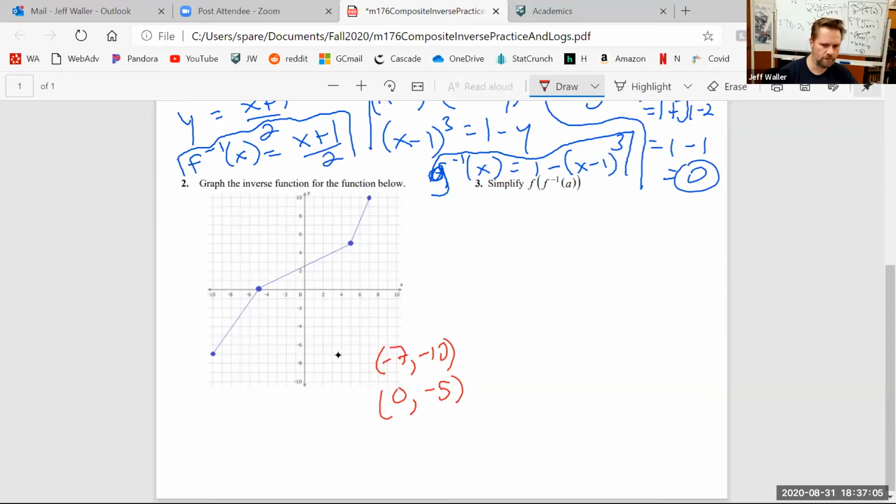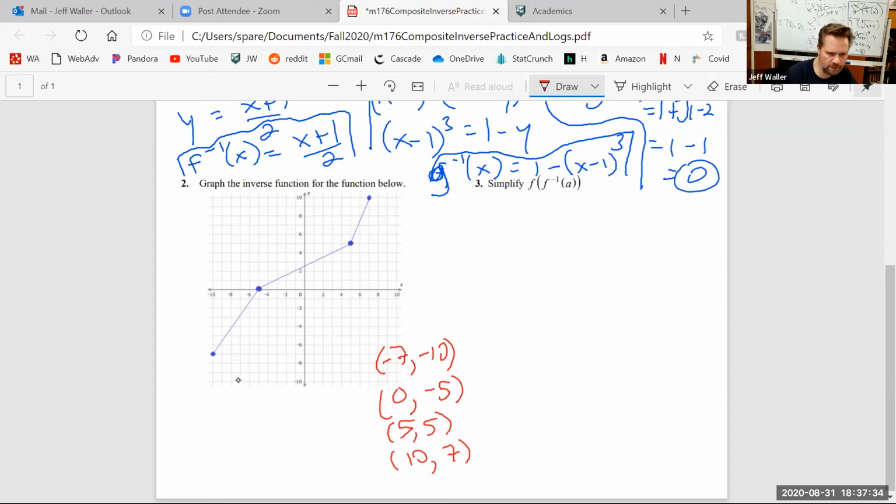Sorry, I had it backwards. And then this one is 5, 5, so if I turn that around, I get 5, 5. And then this is 7, 10, so mine is going to go through 10, 7. We already know basically what it's going to look like because of the mirror image thing, but this just makes it more precise.